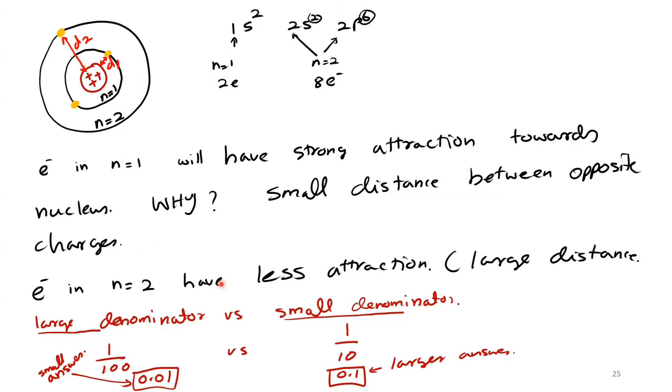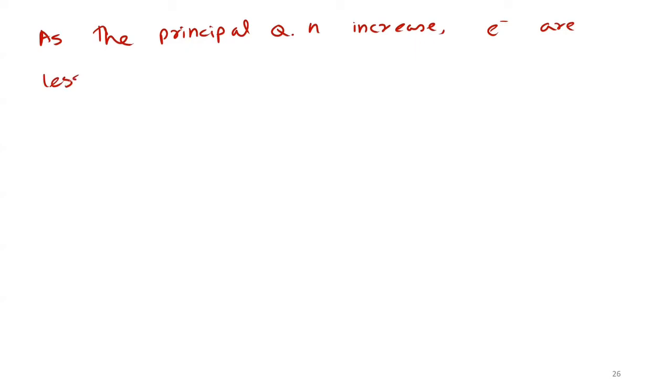So the take-home message from all these is that as the principal quantum number increases, the electrons are less tightly attached.